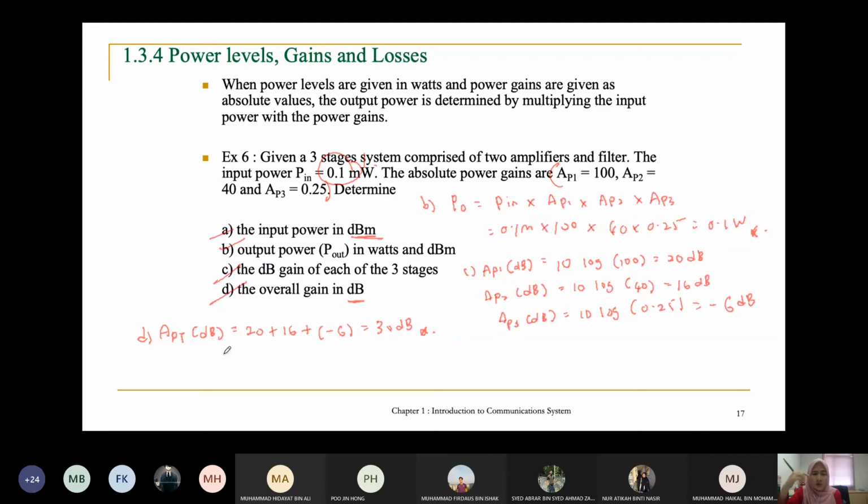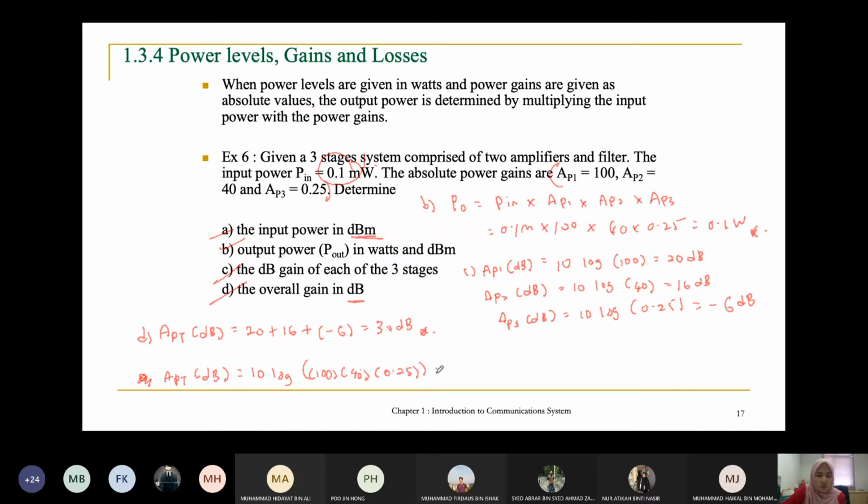But if, for example, you don't have question C and you want to find the overall gain in dB, you can also use AP T dB equals 10 log of 100 multiply with 40 multiply with 0.25.